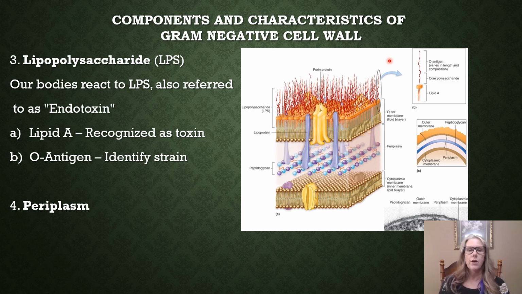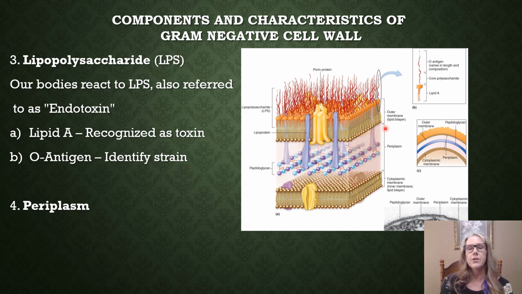One part is called lipid A. On the picture, I don't know if you can read it, but the lipid A is the bottom portion of that molecule. Lipid A is the part that's recognized as a toxin, okay? The other part of that molecule is an O antigen. And the O antigen, we use that part to identify the type or the strain of bacteria.